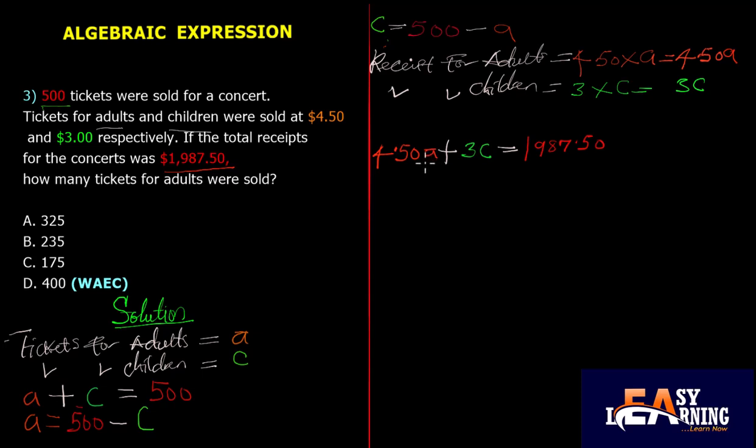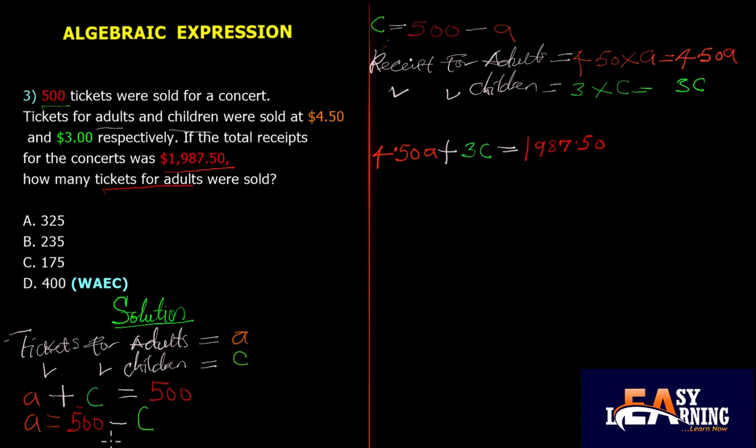Okay, but right now we are having two unknowns, A and C, and we are asked to find the first unknown, which is A. That stands for total tickets for adults. That's what we are asked in the question.